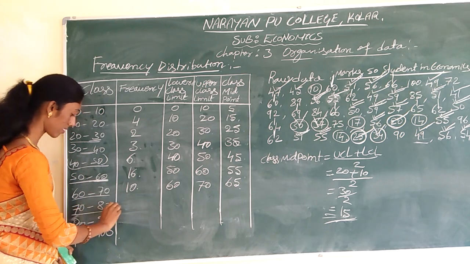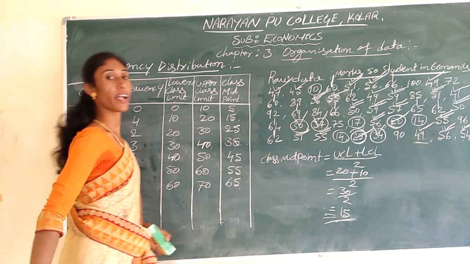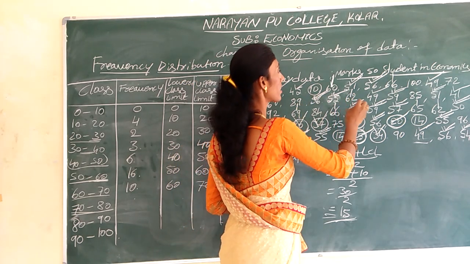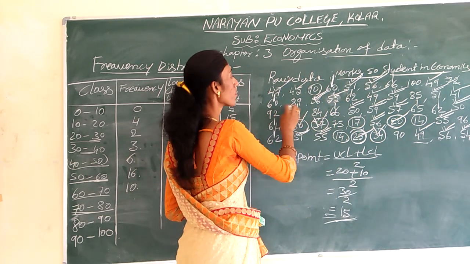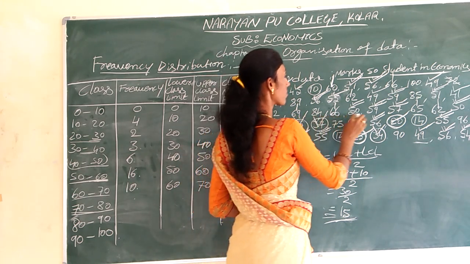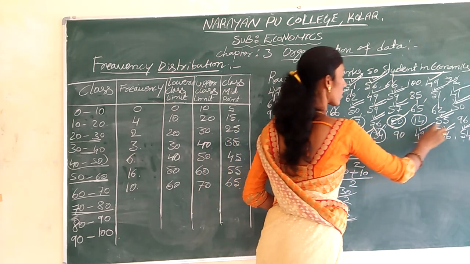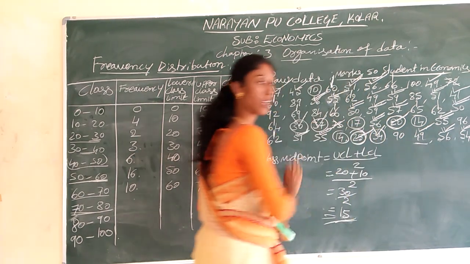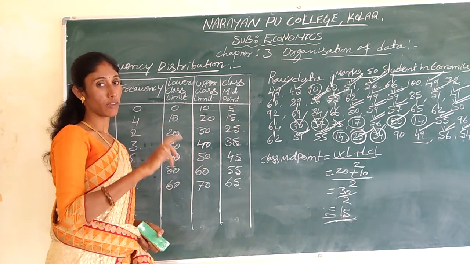And one more class, that is nothing but 70 to 80. And what will be the frequencies? Now we will identify with the raw data. Here, between 70 to 80, 1, 2 values, we have 2 values between 70 to 80.